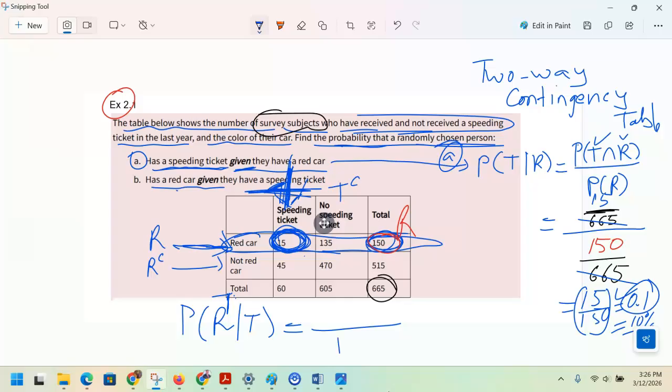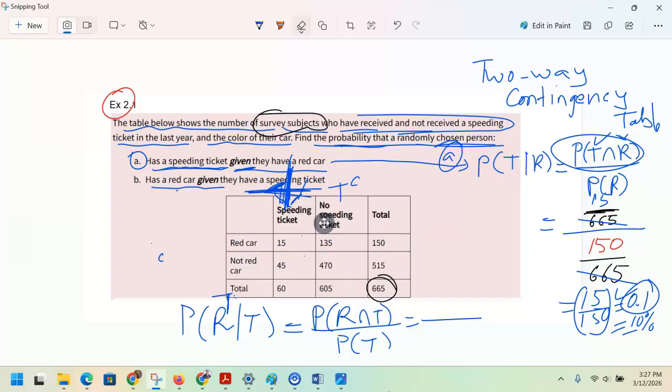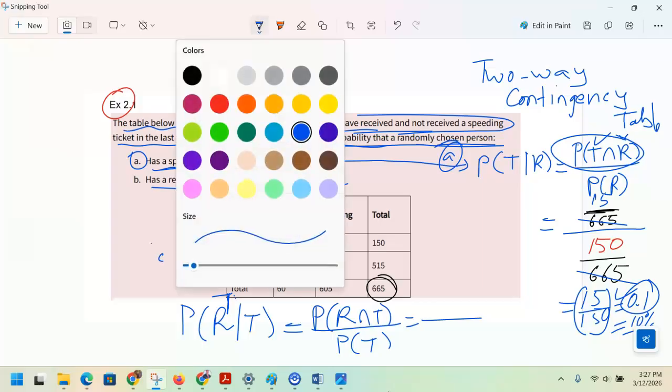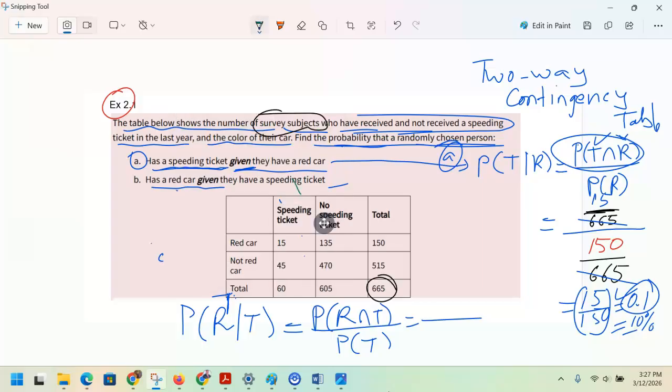Now T goes down, probability of T, and the top one is almost the same, but I'm going to write R and T. The bottom part is ticket. So for this, I have to select how many total got a ticket. The total who got a ticket is this 60. Can you see? This is the total, 60 out of 665.